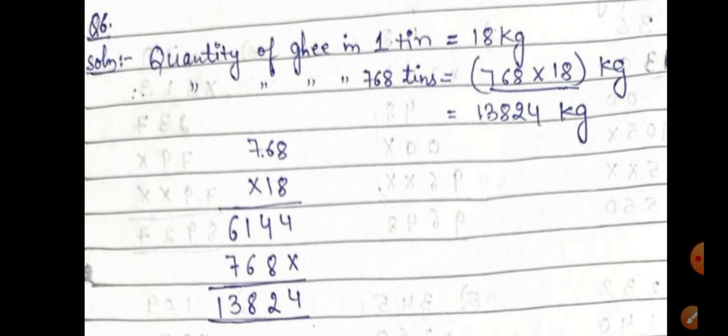So to find that we have to multiply 768 by 18. After multiplication we get 13,824 kg, in kg because weight we are measuring with the help of the unit kg.